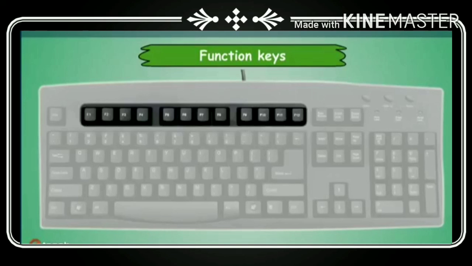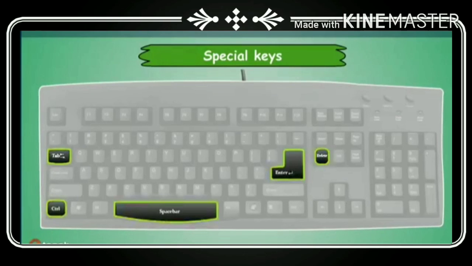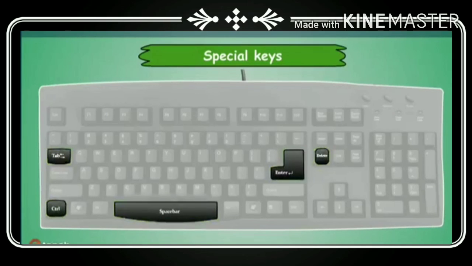You can do special jobs using the function keys. Special keys. The other keys on the keyboard are special keys used to do special jobs. Some special keys are the control key, the delete key, the tab key, the spacebar key, and the enter key.